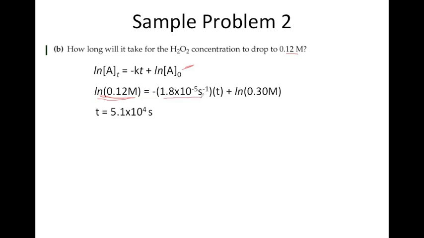I know my rate constant, t is what I'm looking for, and I know my initial concentration. So I plug all that in and solve for time t, and I get that it will take 5.1 times 10 to the 4th seconds for the concentration of hydrogen peroxide to drop to 0.12 molar.